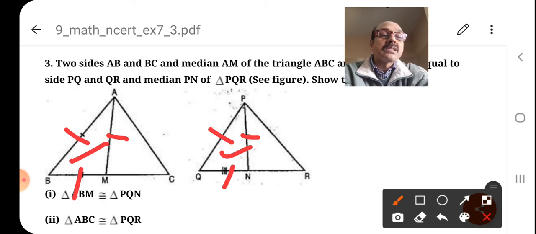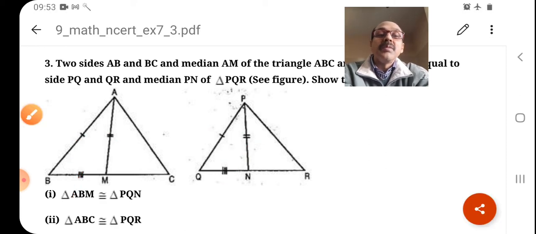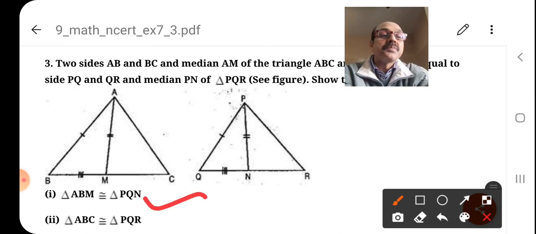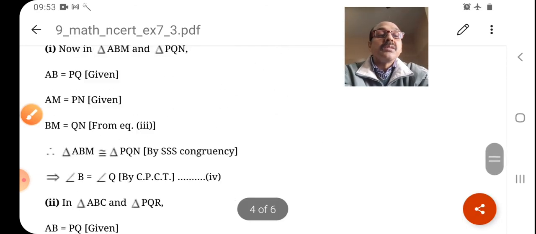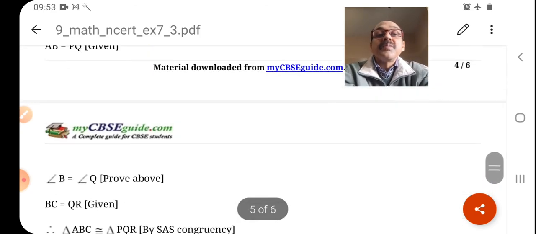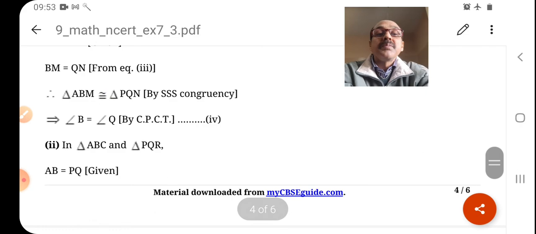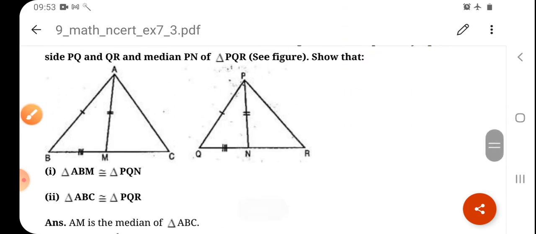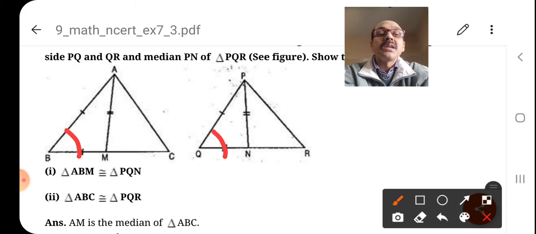So by SSS congruency we can say ABM is congruent to PQN, and by CPCT we can say angle B equals angle Q.